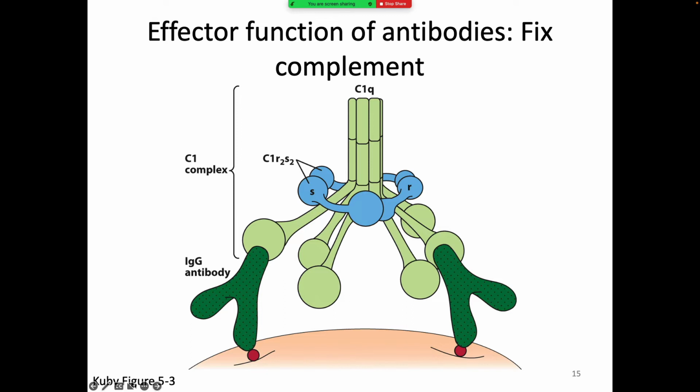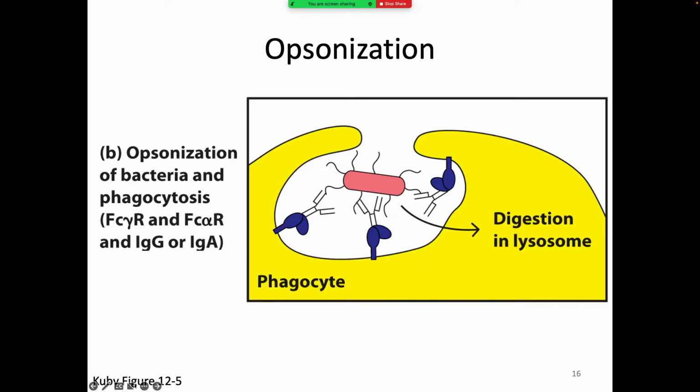The second function of antibodies is one that you're going to see is related to something we've talked about before, and that is opsonization. So how did we talk about opsonization before? When I told you about opsonization, what was opsonization?